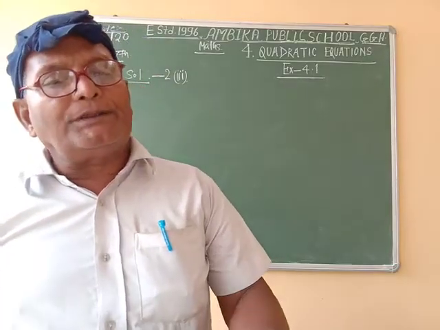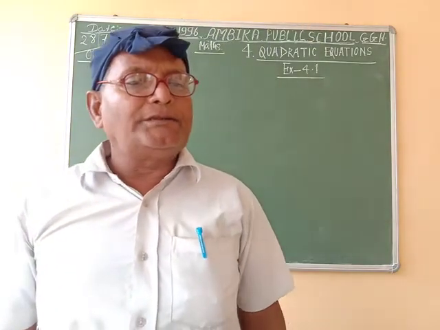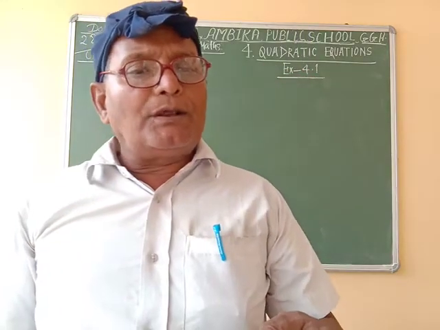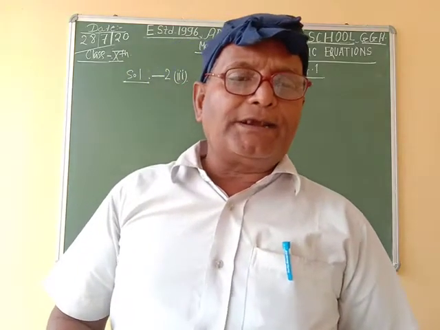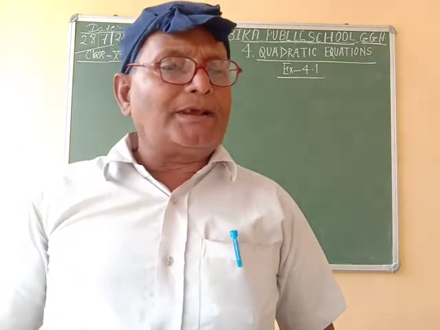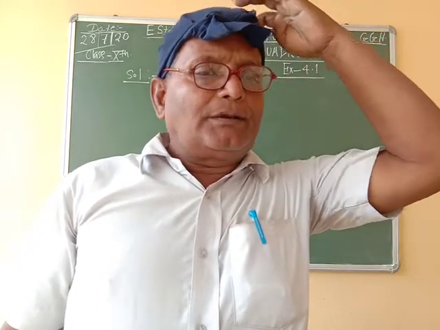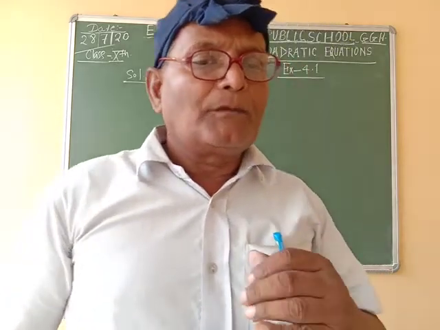The product of their age in years, 3 years from now, will be 360. We would like to find Rohan's present age. First of all, we consider that the present age of Rohan be x years. Then after that, we can find the mother's age.